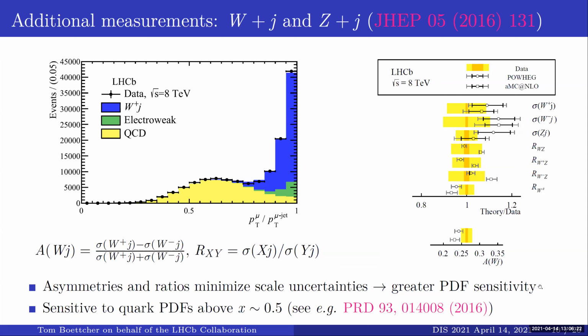You can see in this bottom panel, for example, the measurement of the W charge asymmetry, and there's some tension between predictions and data. With a full Run 3 measurement of this W plus jet, in particular this W charge asymmetry, we expect to be sensitive to quark PDFs at x above about 0.5.